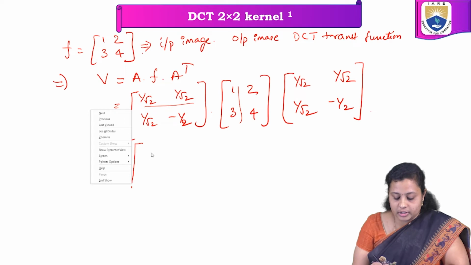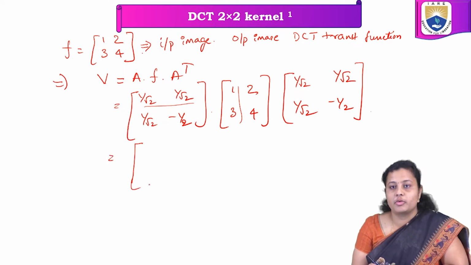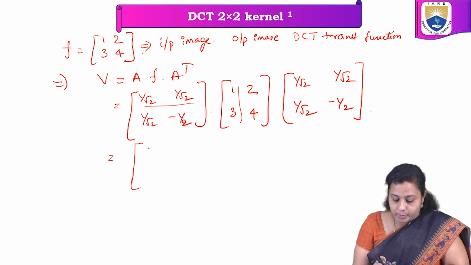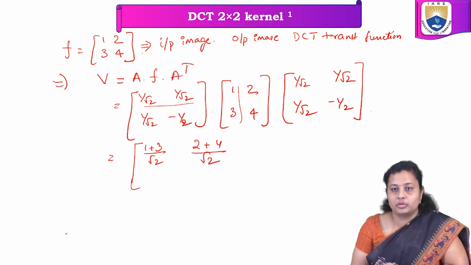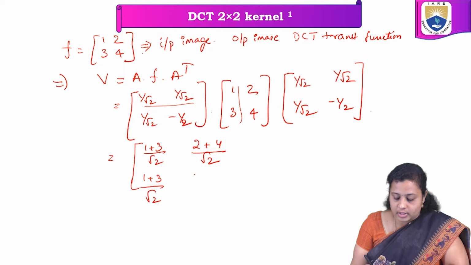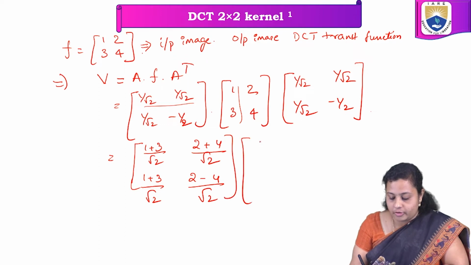We get the output transform function as 1 plus 3 by square root of 2 and the other 2 plus 4 by square root of 2, and 1 plus 3 by square root of 2 and the other 2 minus 4 by square root of 2, into 1 by square root of 2, 1 by square root of 2, 1 by square root of 2, minus 1 by square root of 2.